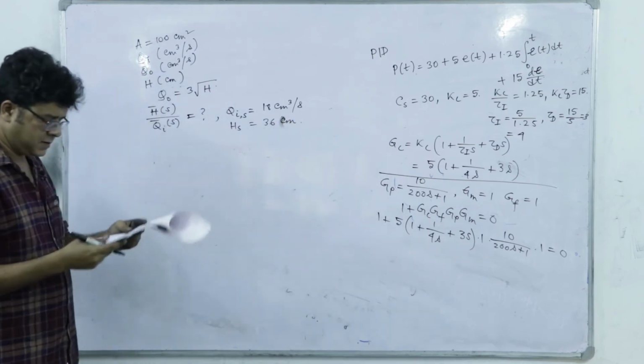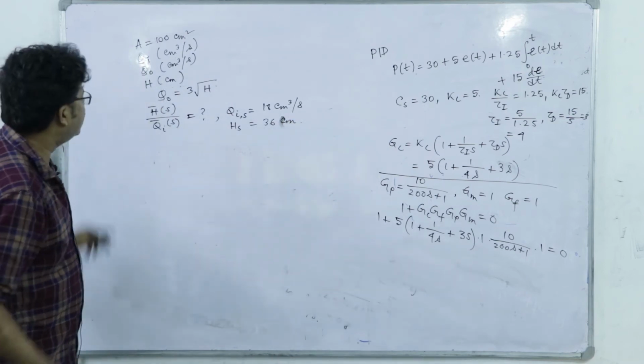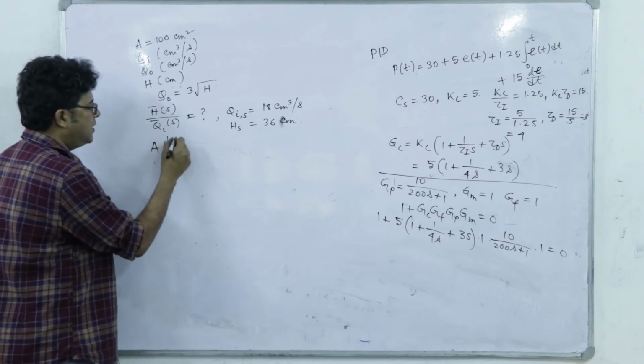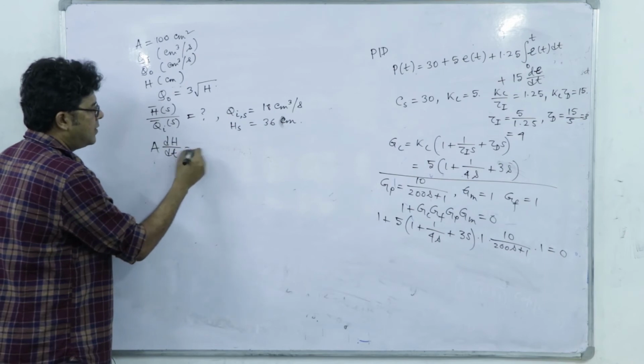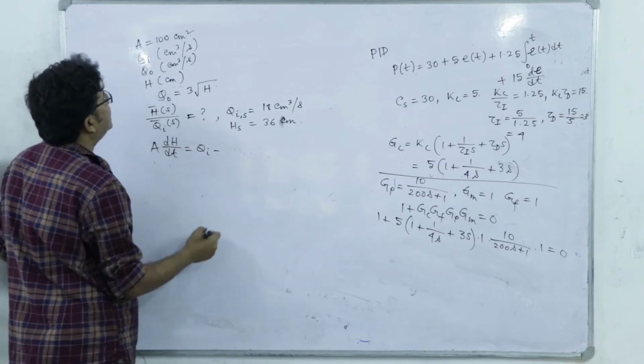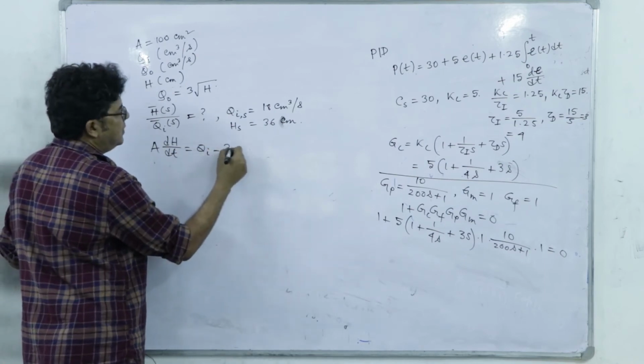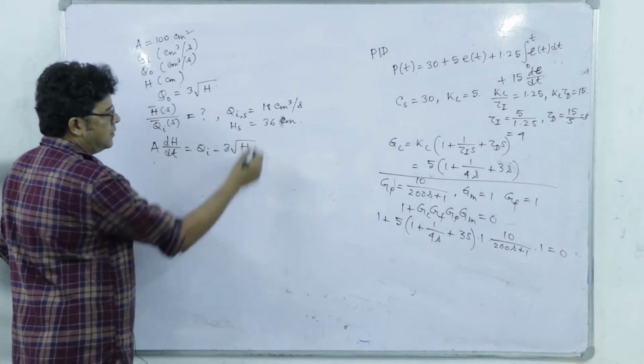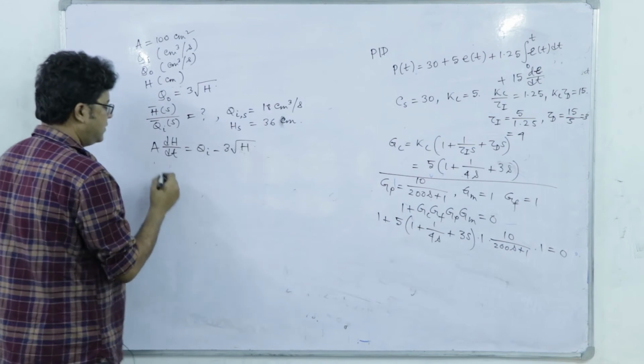What will be the transfer function? We know that the model gives A dH/dt equal to Qi minus 3 under root of H. This is to be linearized.